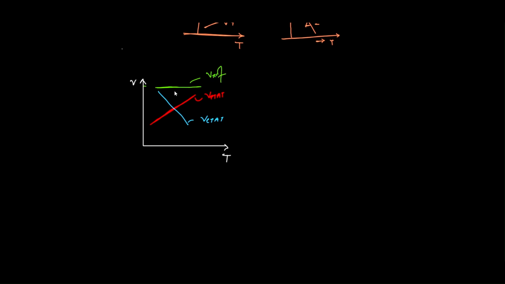So if we add together then we can get a constant reference voltage. That means Vref equals VPTAT plus VCTAT, and this should be del Vref by del T equals 0.